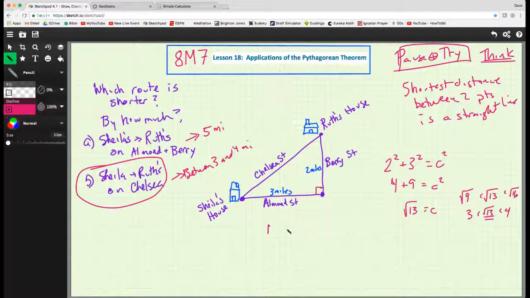Well, what is the square root of 13? Well, we know it's between 3 and 4, so we have to do our other thing where we go, well, is it 3.5? Well, let's see. What's 3.5 squared? 3.5 squared is equal to 12.25. Well, that's not 13, so we got to try 3.6. Well, 3.6 squared is equal to 12.96, so it's got to keep going. 3.7 squared is 13.69.